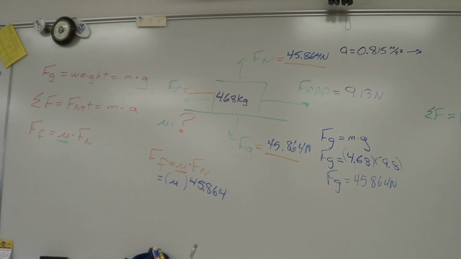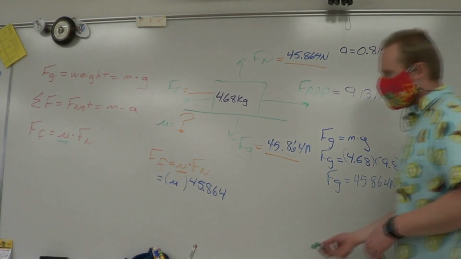I really don't care about my net force, so I often just ignore that part and say, if I add all my ups, subtract all my downs, I can set it equal to m times a. If I add all my rights, subtract all my lefts, I can set it equal to m times a. That's what we're doing in the x direction. I'm going to take my applied force, that's my right, subtract my force of friction, that's my left, and set it to mass times acceleration in the x direction.